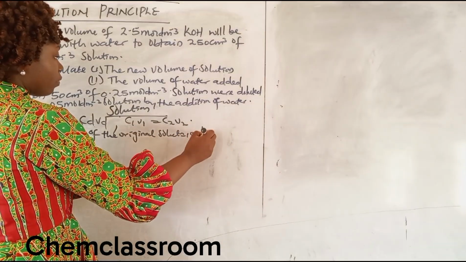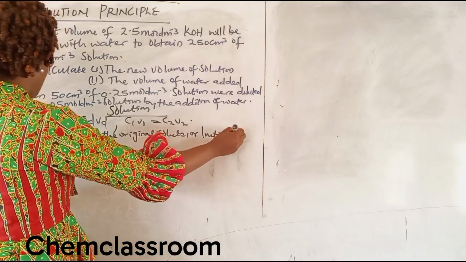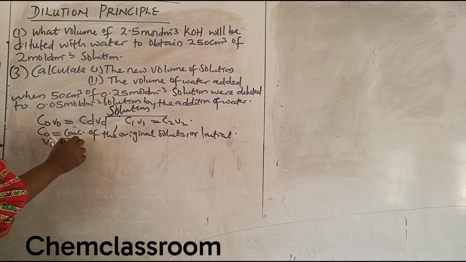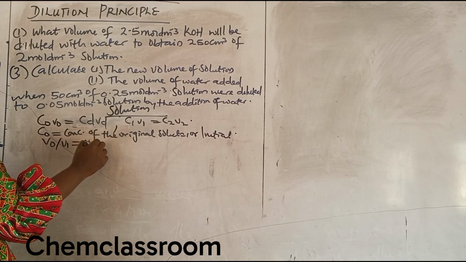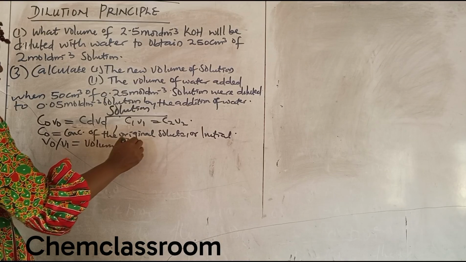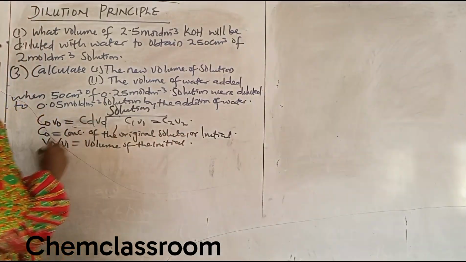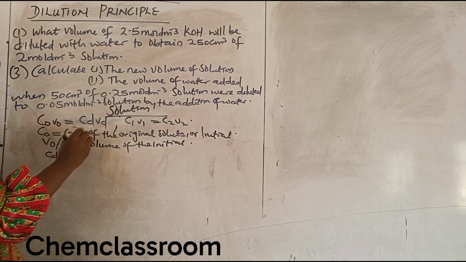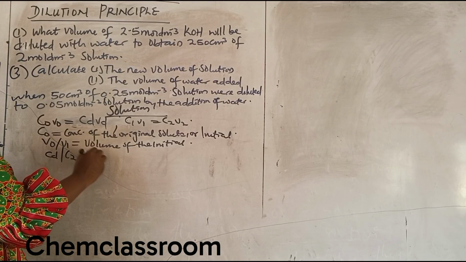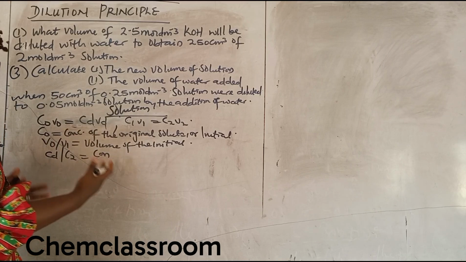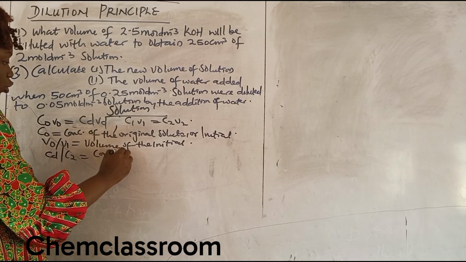or the concentration of the initial, whichever one you choose to use. Then the volume, the Vo or V1, is the volume of the initial or the original. Then the Cd or the C2 is the final concentration, or the concentration of the diluted solution.